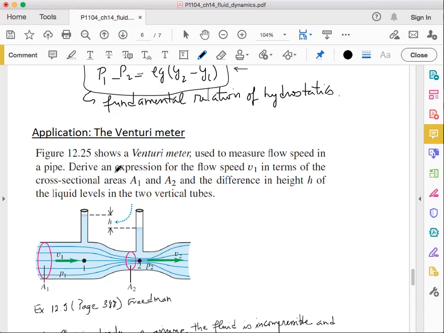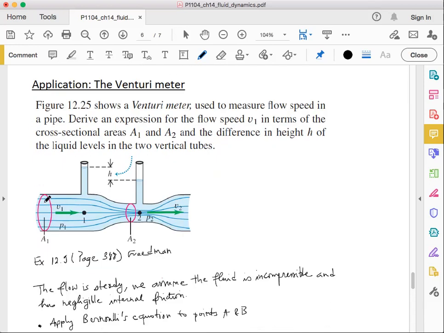You have to derive an expression for the flow speed V1, which is the speed of the fluid in this place where the cross-sectional area is A1, in terms of the cross-sectional areas A1, A2, and the difference in the height H of the liquid levels in the two vertical tubes.